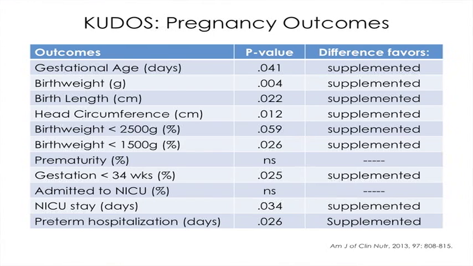And those are the high-risk kids. We didn't affect prematurity, but we did affect high-risk prematurities, that is, prematurities under 34 weeks. We didn't affect whether babies were admitted to the NICU, but if they were admitted, there were significant effects on how long they stayed. And if they were hospitalized otherwise, there was a very interesting set of positive outcomes.